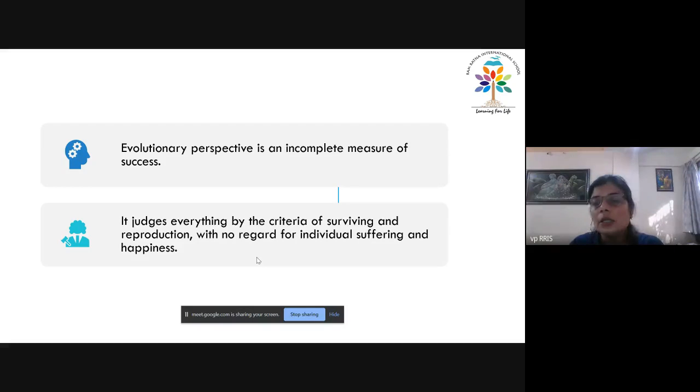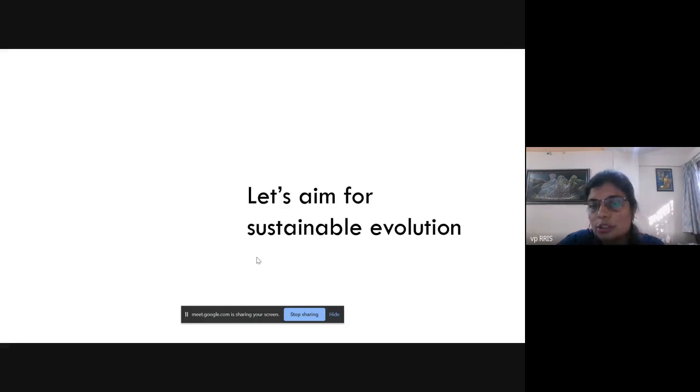Unless we grow keeping in mind the happiness and suffering of other people, we cannot say this is a sustainable evolution. We should have a sustainable evolution where we evolve and grow, but we also ensure that the community around us is happy and not unnecessarily suffering because of our growth and development, children.